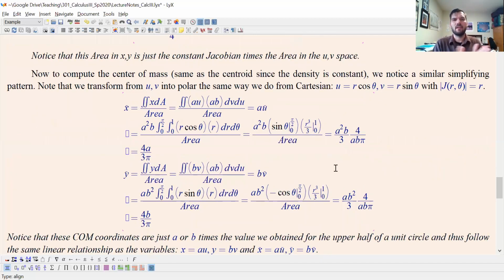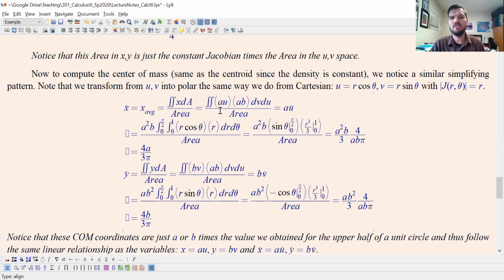Okay, now center of mass. A little bit more complicated. We start out with the integral of x dA, because our x bar is actually equal to x average, isn't it? We calculate our x average over the area, and then we translate over into u.